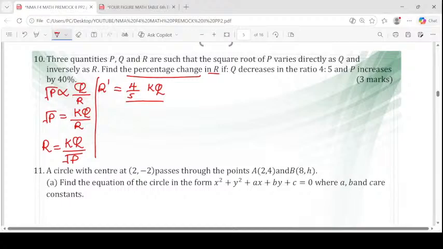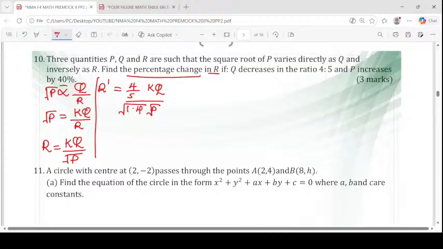P increases by 40%. So if it increases by 40%, the new P becomes 140/100, which is 1.4 of P, and then the root of that.